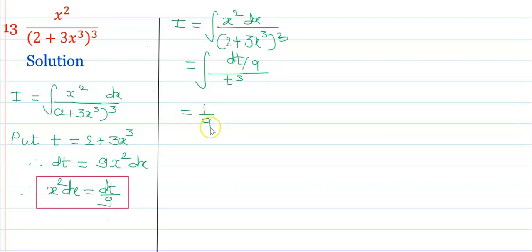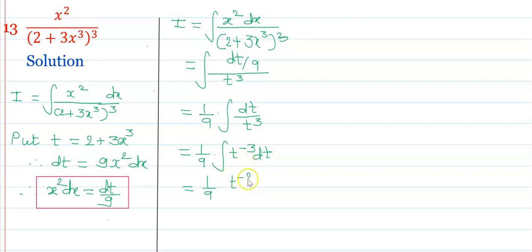Therefore 1 upon 9 into integral dt upon t raised to 3, 1 upon 9 integral t raised to minus 3 dt, and therefore its integral is 1 upon 9, okay, t raised to minus 3 plus 1, it's t raised to minus 2 upon minus 2, okay, and this equals to minus 1 upon 18 t raised to minus 2.